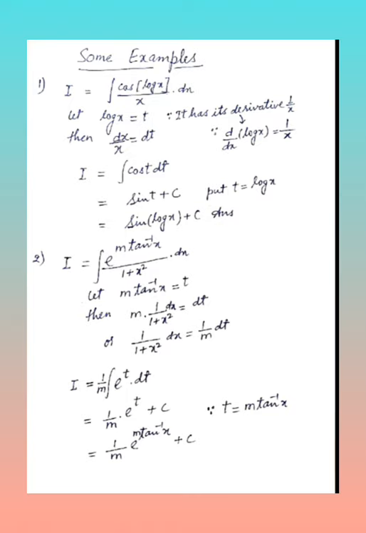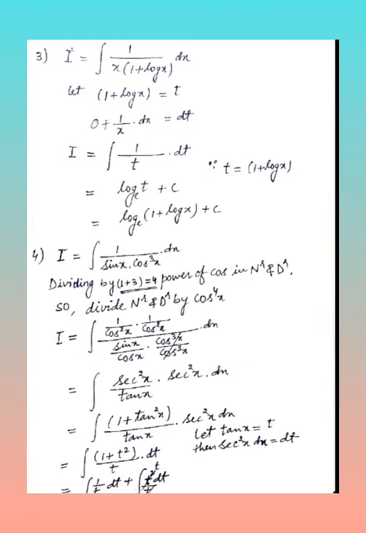When we replace these values, we get I is equal to 1 upon m integration of e raised to power t dt. Here 1 upon m is a constant. Integration of e raised to power t is e raised to power t. Now we replace the value of t, which is m tan inverse x. Then we get the final answer 1 upon m e raised to power m tan inverse x plus c.